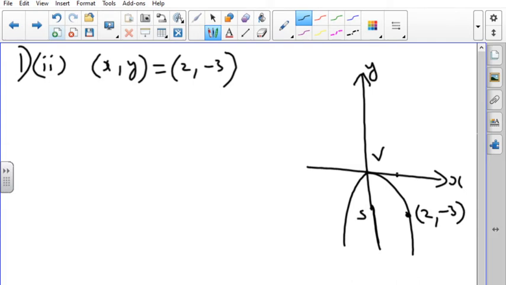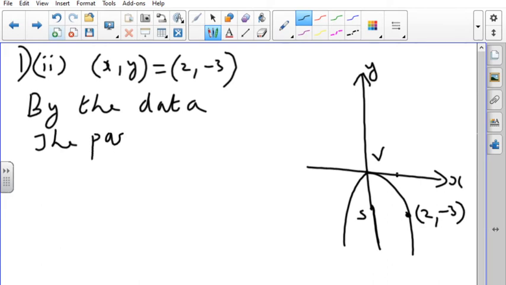Now (x, y) is (2, -3). So by the data, the parabola opens downward.